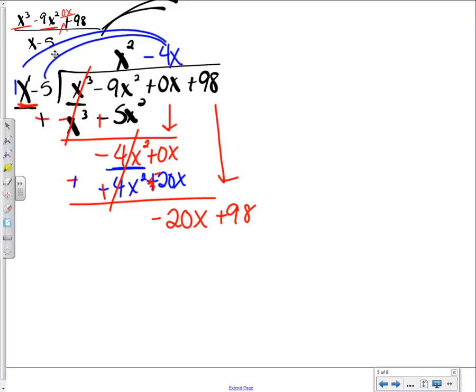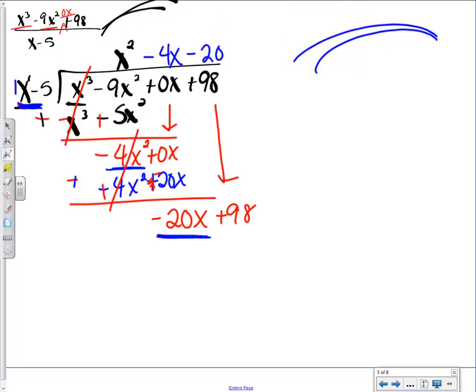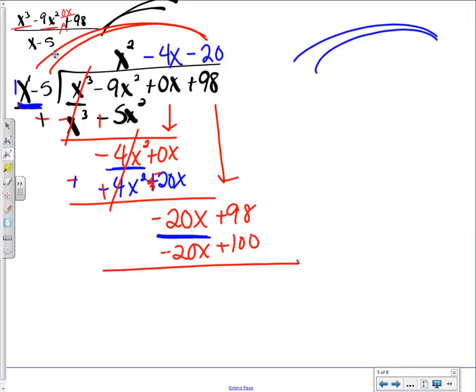Again, I'm going to ask myself, how does my far outside piece become my far inside piece on the very bottom row? Well, I'm going to multiply by a negative 20. Now I'm at the point where I want to multiply the negative 20 times negative 5 and negative 20 times x. Well, negative 20 times x is negative 20x, and a negative is a positive. 20 times 5 is what? 100. I want you to know that this is a subtraction problem.